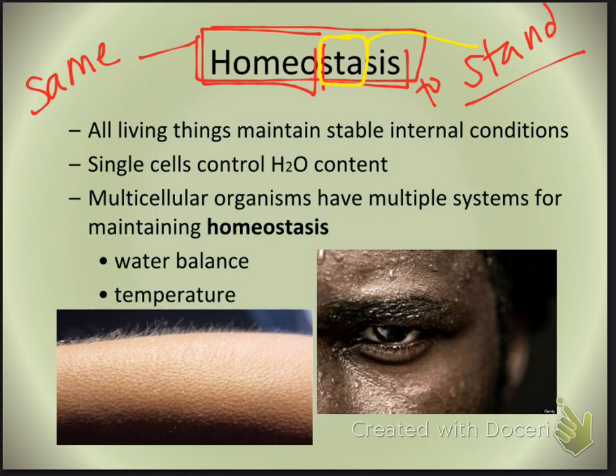How many of you would like life to be really darn predictable? No big surprises, no big shakeups, nothing crazy happens. That's kind of the goal for all living things, both in terms of food and water, and in terms of general events in life. You just kind of want everything to be nice and steady and stable and constant.